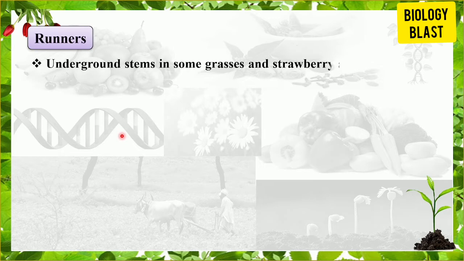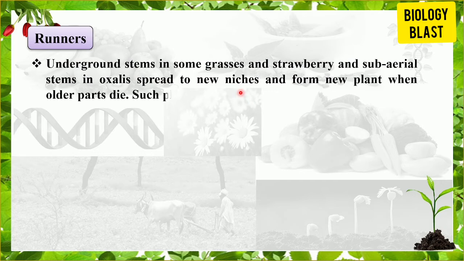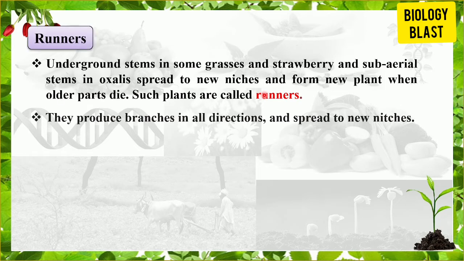Runner: in some grasses and strawberry, subaerial stems in axils spread to new niches and form new plants when the older plant dies. That is called a runner. They produce branches in all directions and spread to new niches.